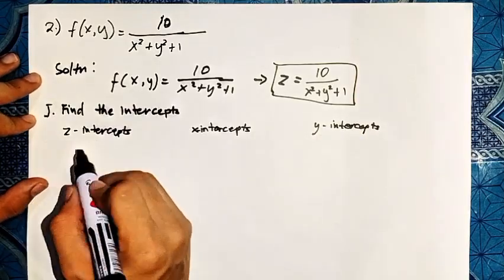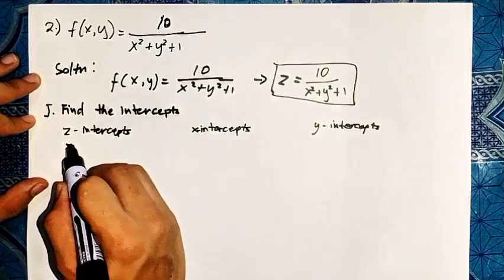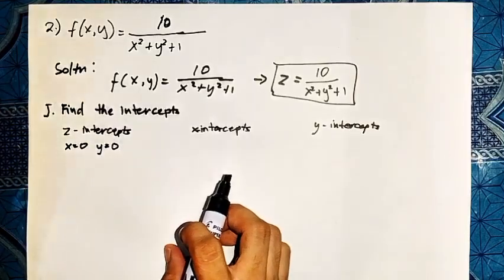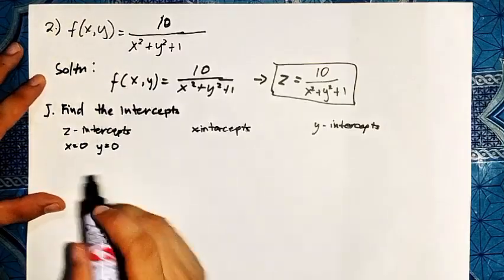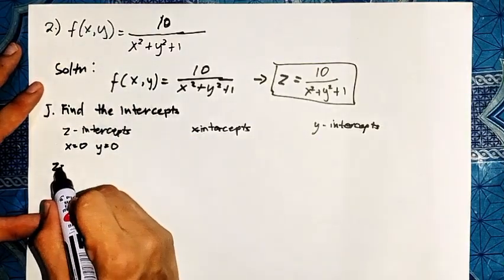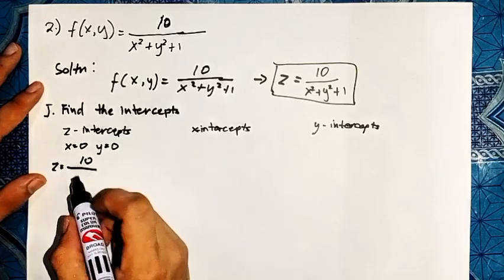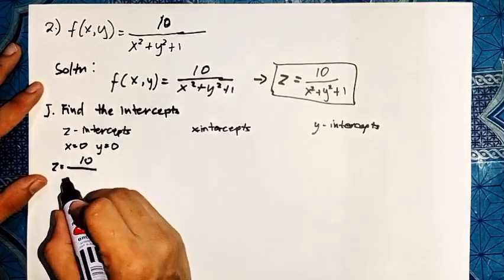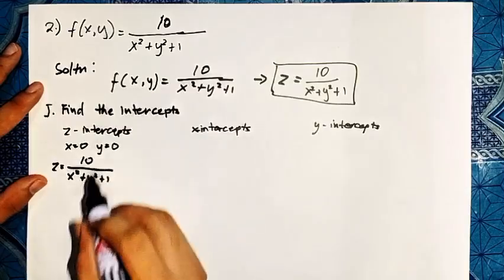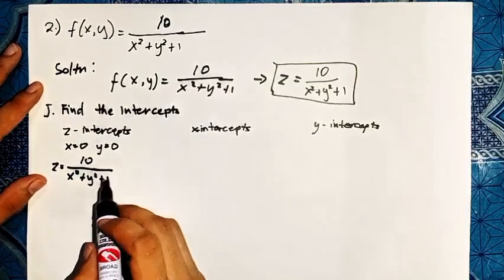Again, for the z-intercept, we will let x is equal to 0 and y is equal to 0. Now, copy this function. So z is equal to 10 over x squared plus y squared plus 1. Now substitute the value of x and y.